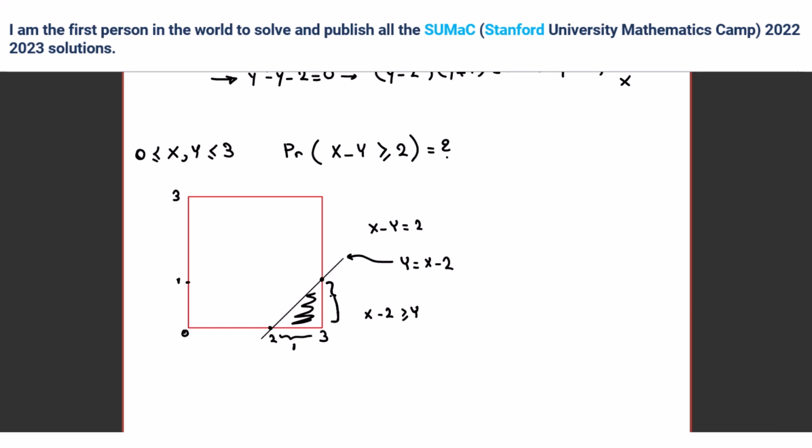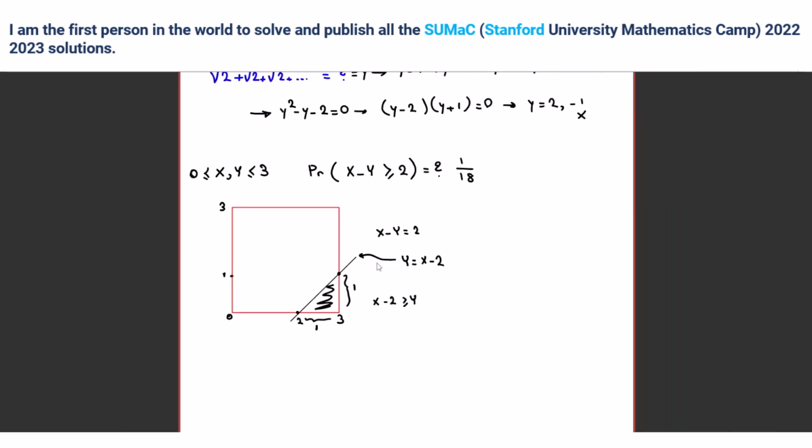So this length is 1, and this length is what? 2? Why 2? Yeah, x minus... Oh, 1. Exactly. So the answer is half over 9, 1/18. Yes. You know the approach, you had a careless mistake here.